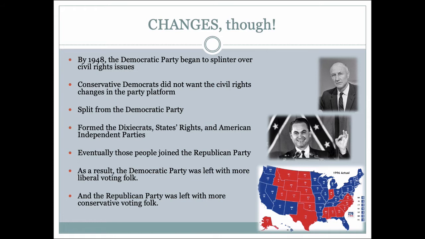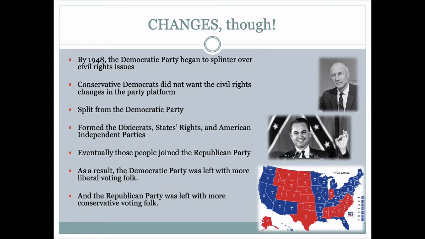And so as you get these more conservative folk who left the Democrats, went to these transitional parties, they eventually went to the Republican Party and then moved the Republican Party more to the right on the spectrum. So as a result, around 1948 through the 60s, we see the Democratic Party moving more left on the political spectrum, which is the political party that is seen as more liberal today.